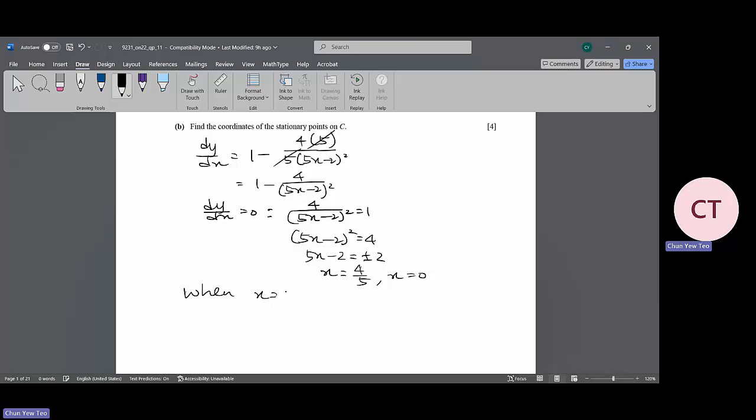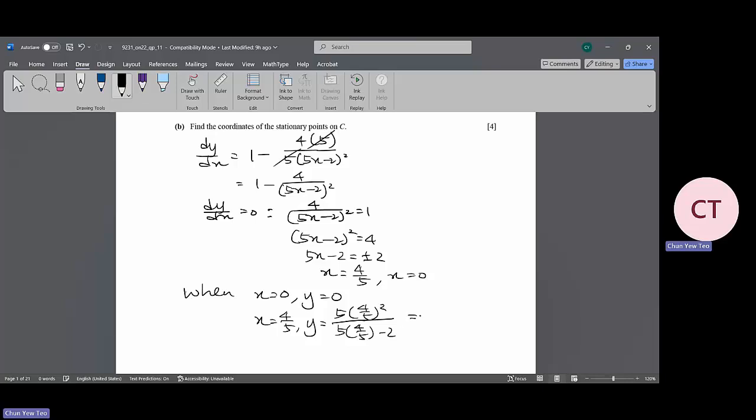When x is equal to 0, your y will be very simple, just 0. When your x is 4 over 5, your y, just need to press a calculator. You will get 5x squared divided by 5x minus 2.